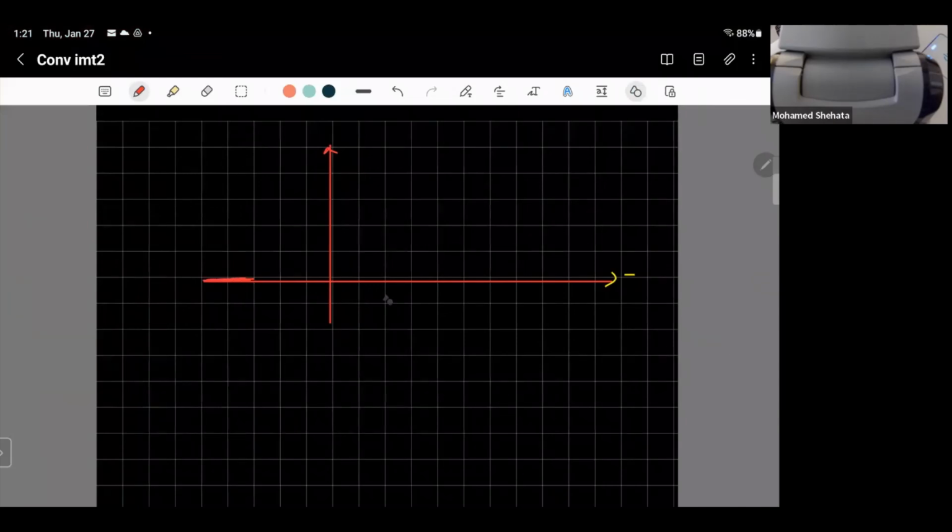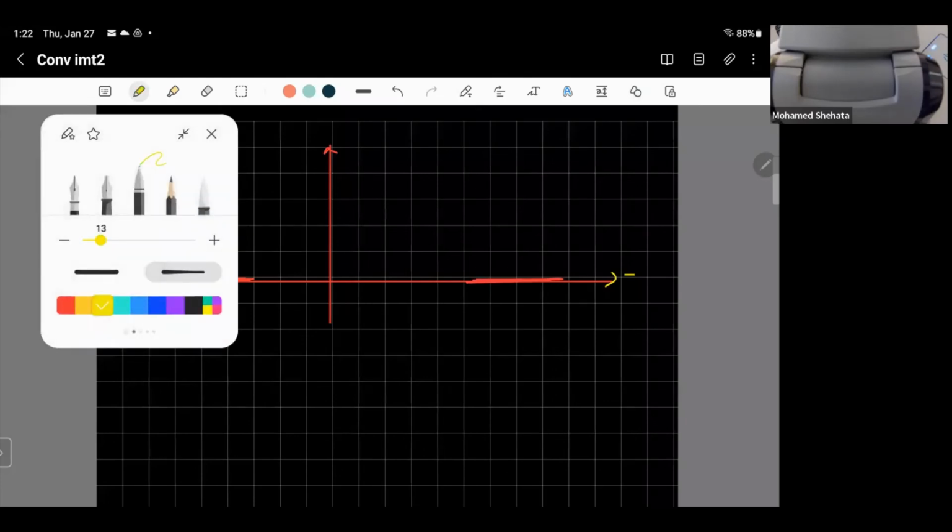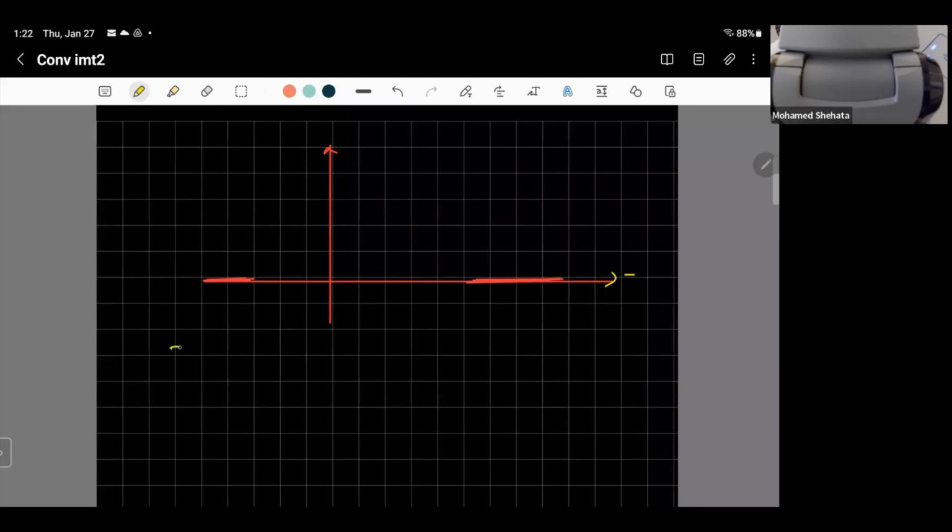So 0, 1, 2, 3, 4, 5. From that will be 5. Within the 0. Now we'll go for the first region that those overlap from -3. Let me write the expression that we discovered. From -3 to 5.